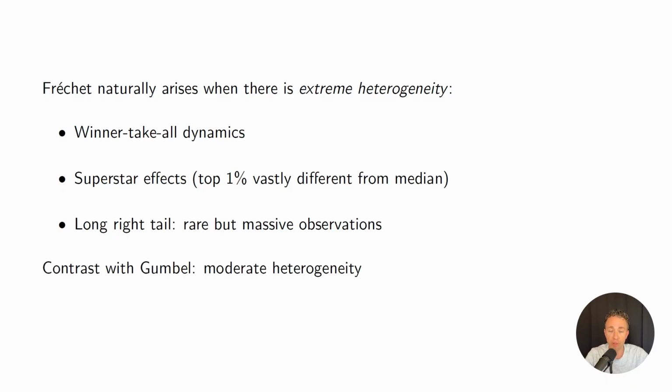These contrast with the Gumbel distribution, which is thin-tailed and has more moderate heterogeneity. Hopefully you can see that if Gumbel is log Fréchet, then Fréchet is going to be exponentiated Gumbel. So any kind of differences in the Gumbel would be magnified when we take the exponential of those differences, if we think in terms of levels. Hopefully that provides a little bit of intuition, but if it doesn't, don't worry about it.